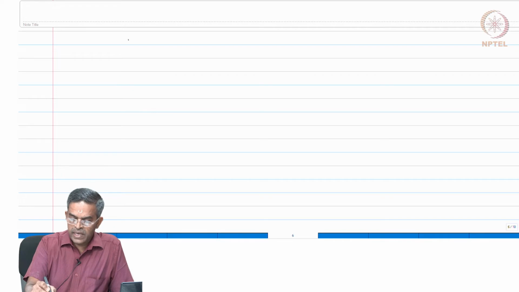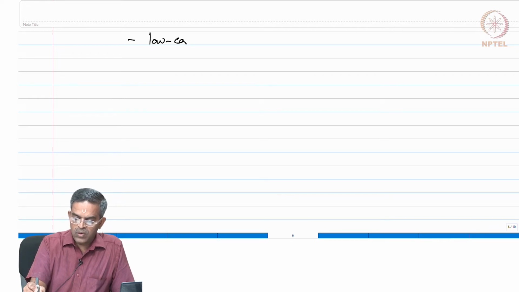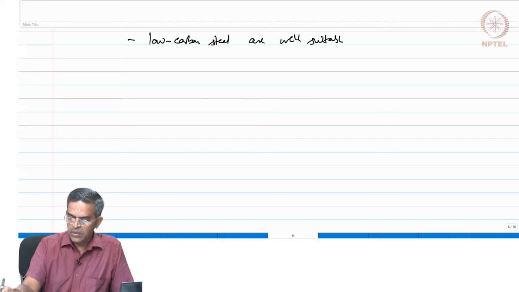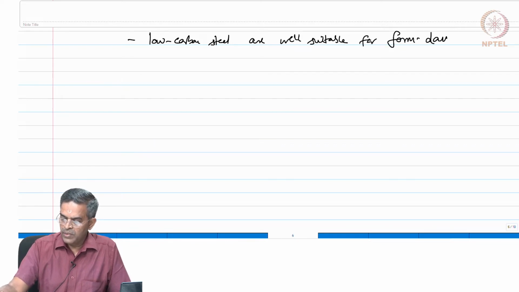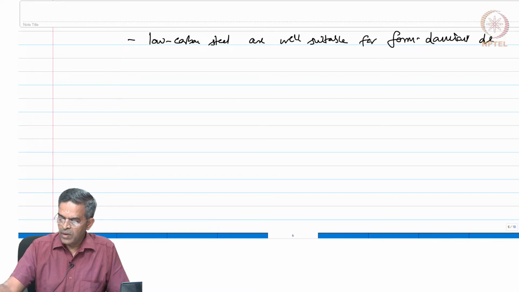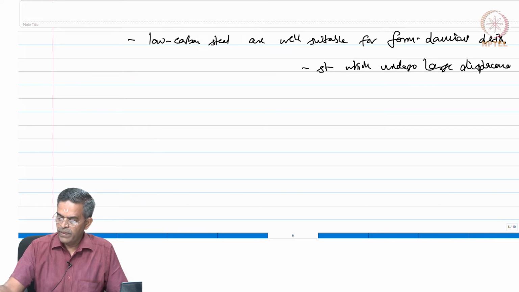Therefore, we can say that low carbon steel are well suitable for form dominant design or structures which undergo large displacements. One example could be structures under blast loads.